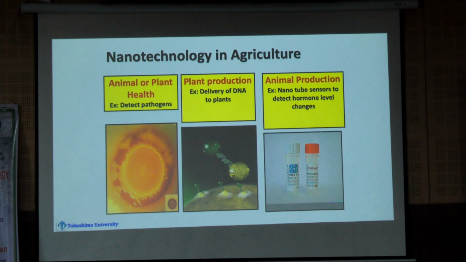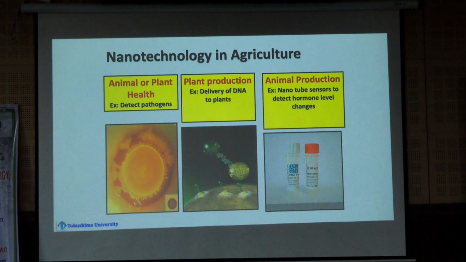Then in animal and plant health, detect the pathogens to treat the animal and plant while their health is a severe concern. So this detection of pathogen in the animal and plant is also one of the areas to be addressed in the future.